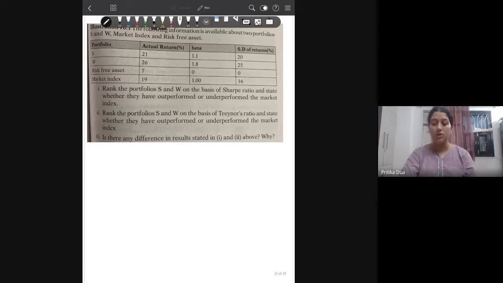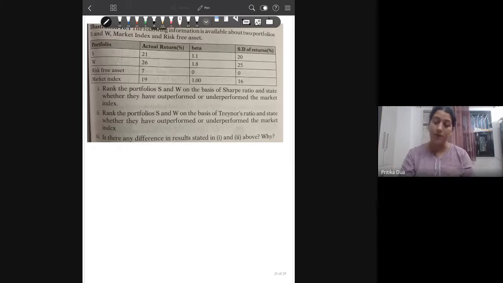So we have two portfolios, S and W, and you are given the market index and the risk-free asset, and for all the four you are given the actual return in percentage, beta, that is the systematic risk, and you are also given the standard deviation of the return.